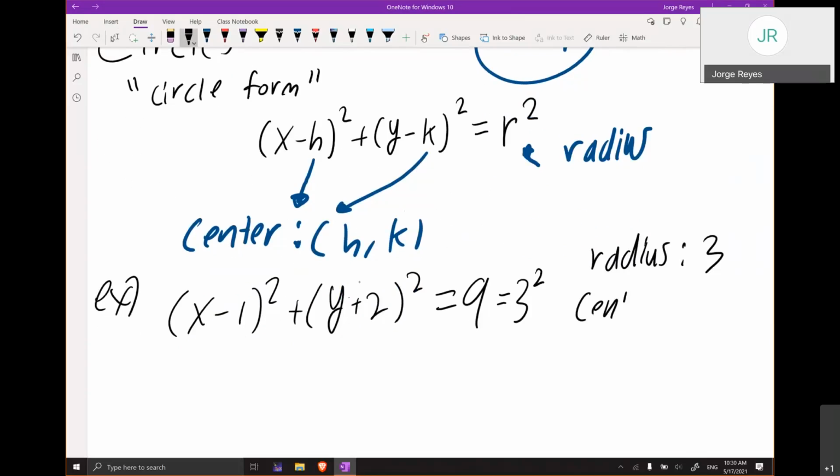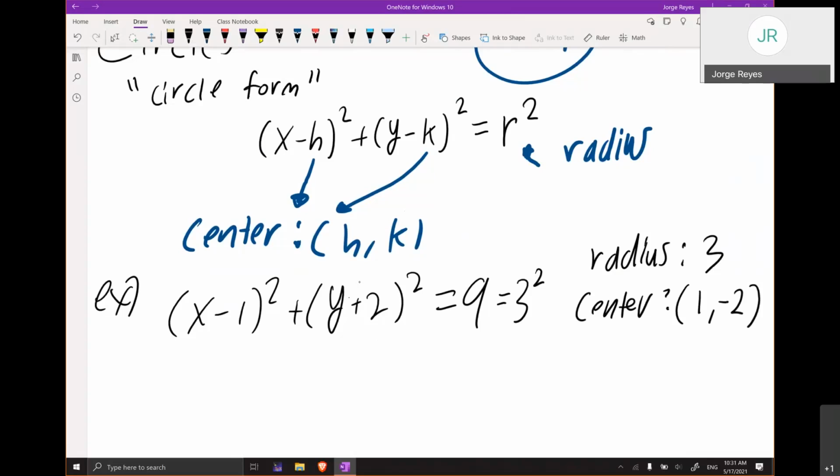And then the center, you look at these two and the center is 1 comma -2, because the signs flip. Not that hard.